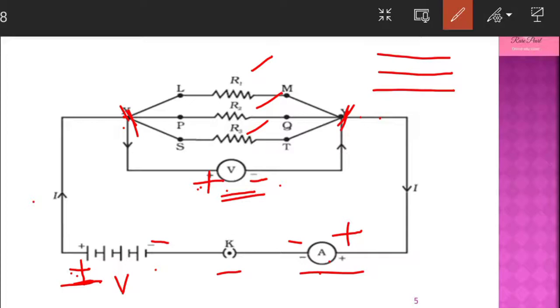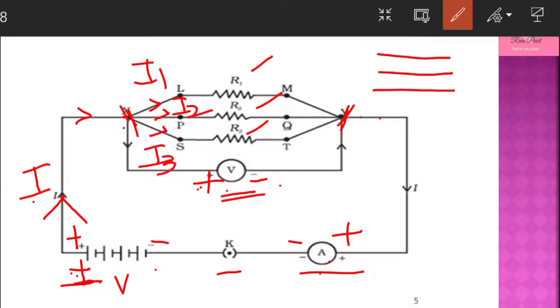Now here, what do you observe? See, the current from the battery is flowing through the circuit, and here it divides into 3 currents. This current is I1, this current is I2, and this current will be I3. So in a parallel circuit, current divides, whereas voltage remains the same. See here, these are the 2 ends.